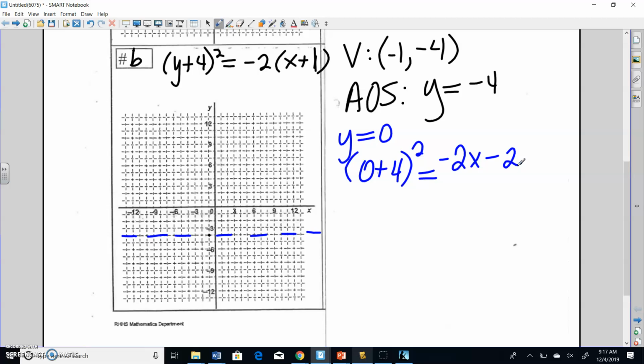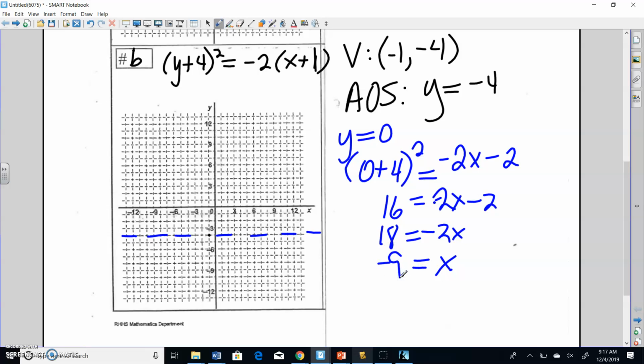And I get, 4 squared would be 16 equals negative 2x minus 2. I'm going to add 2, divide by negative 2. So x is going to be negative 9.